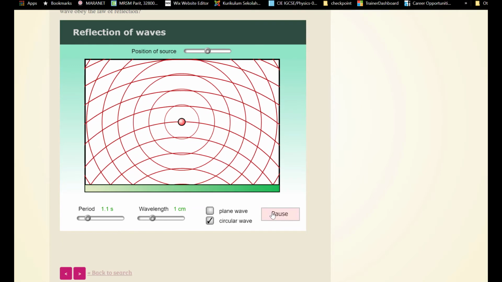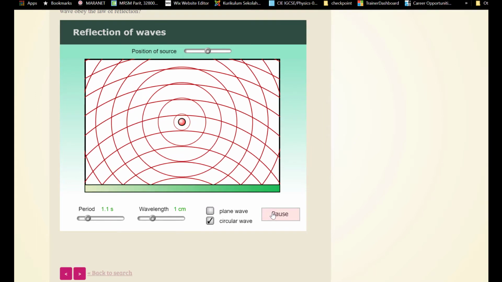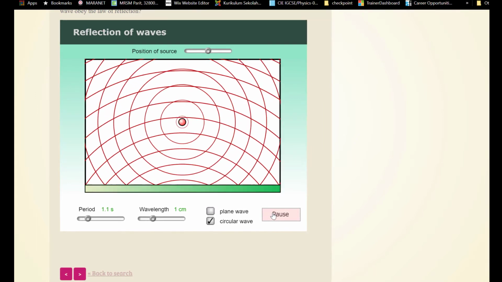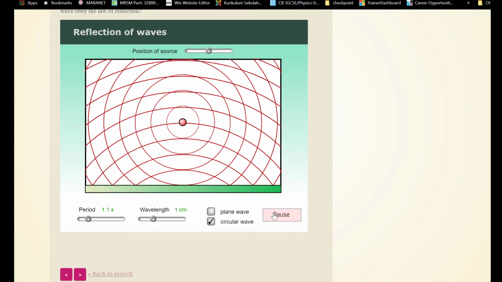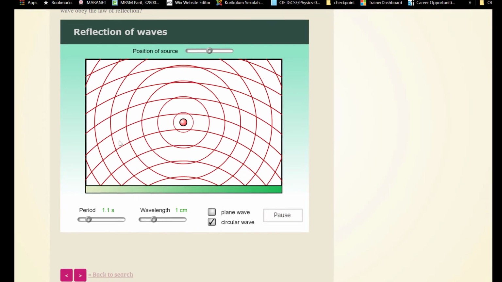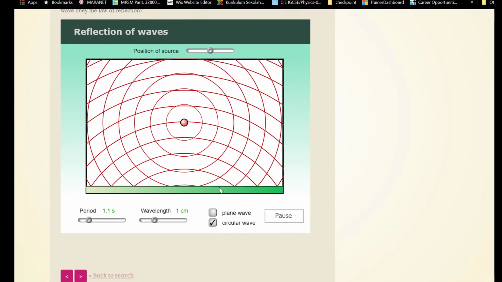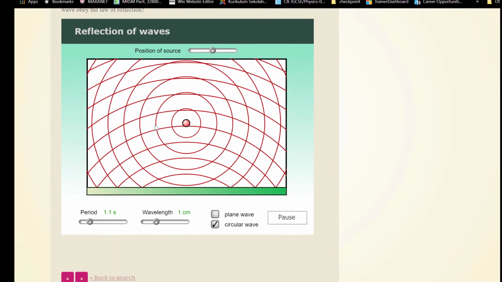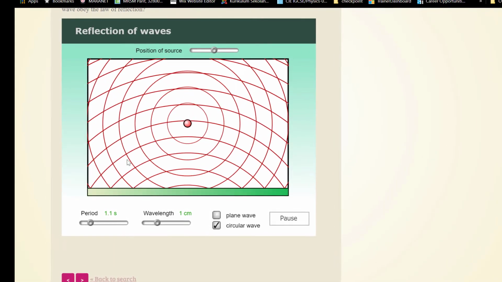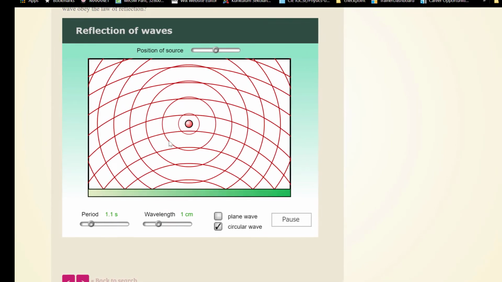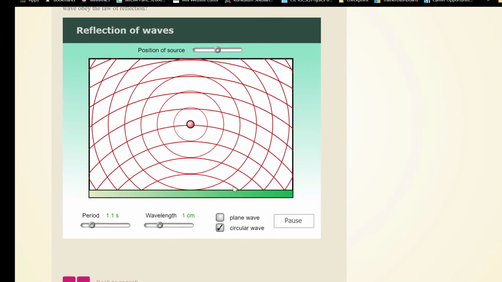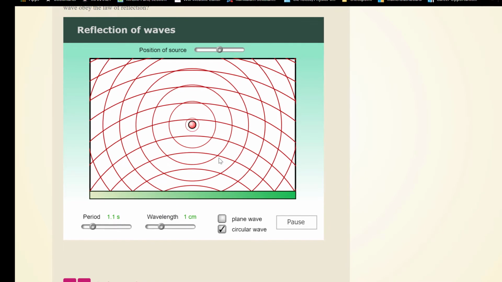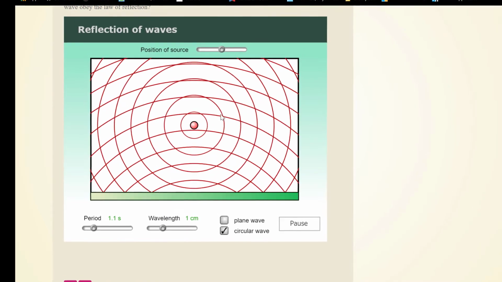So this is the circular wave. You see the wavelengths are all the same. This is the incident wave, and these are the reflections of it.